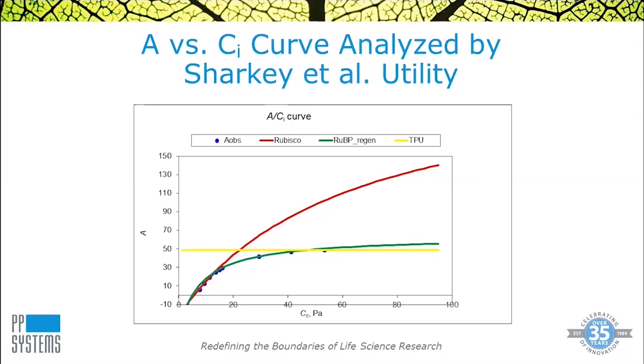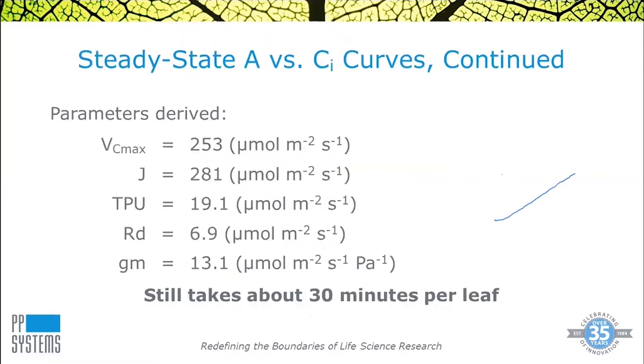So you have the blue, which are the actual observations, and then these are fit into Rubisco limited parts of a curve, parts of the curve limited by RuBP regeneration, and the yellow one is limited by triose phosphate utilization. So those three parameters show up, as well as two more. When you fit a steady state ACi curve, you get 5 parameters from Sharkey's utility.